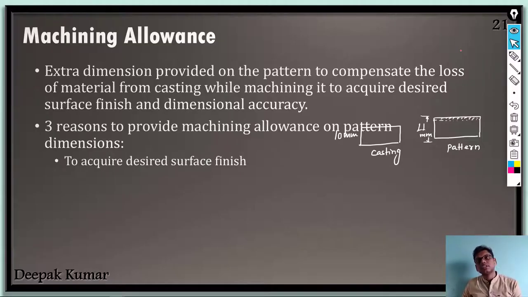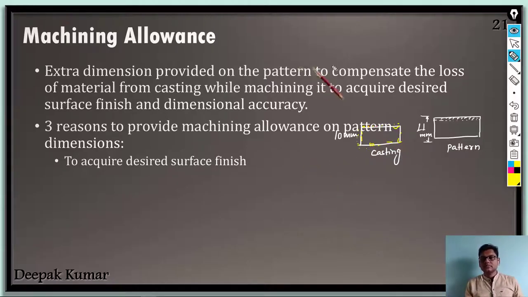During casting there may be chances that some sand is sticking over it, so the surface will not be so clean, or there may be some defects on the surface. That does not give you a good surface finish. So to acquire the desired surface finish, we go for machining.